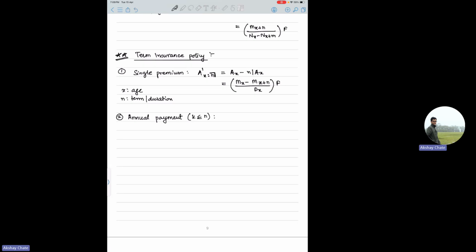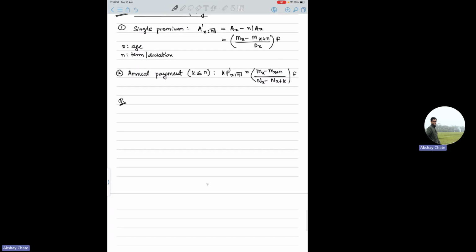It is just a case of term insurance. So in this case, the formula is Mx minus Mx+n. This remains as it is, but the denominator changes: Nx minus Nx+k into F. Okay, so we'll take one problem on this.